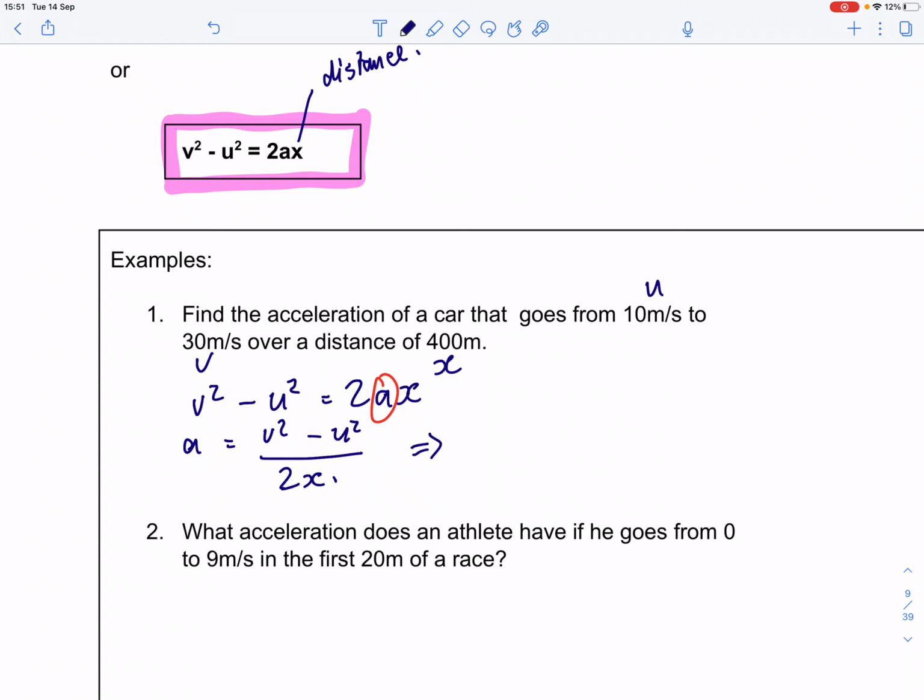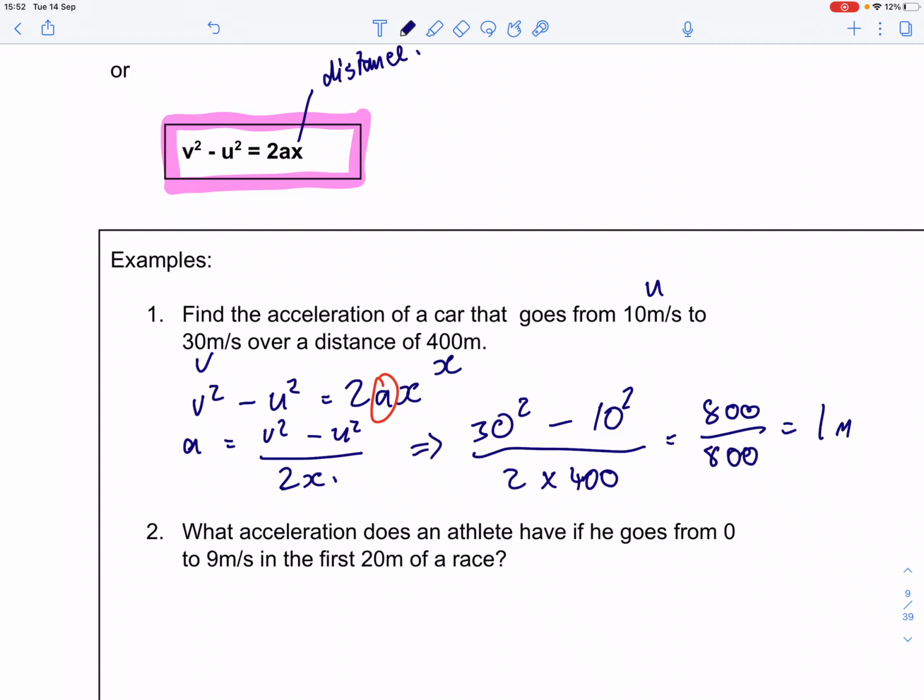V is 30, so we want 30 squared, don't forget the squares, minus the initial velocity 10 squared, divided by 2 times 400. 30 squared is 900, 10 squared is 100, so we get 800 divided by 2 times 400, which is also 800. So this boils down to an acceleration of 1 meter per second squared.